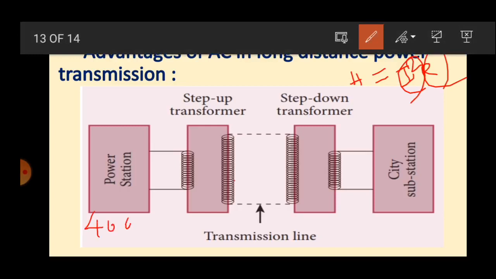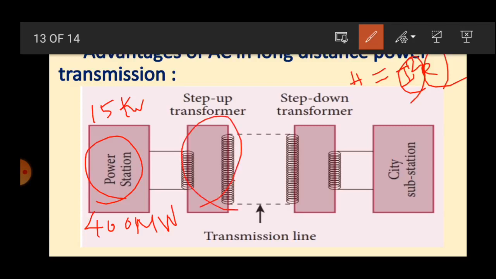This is 400 megawatt power produced at 15 kV in the power station, say for example at Neyveli. It is stepped up by a step-up transformer.